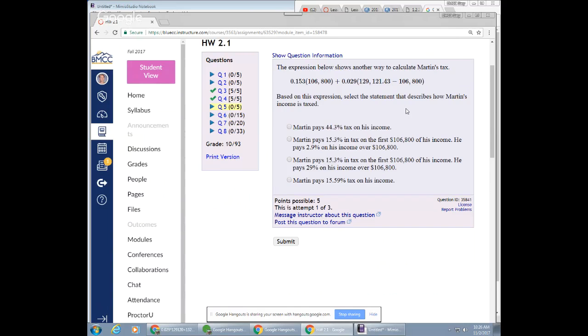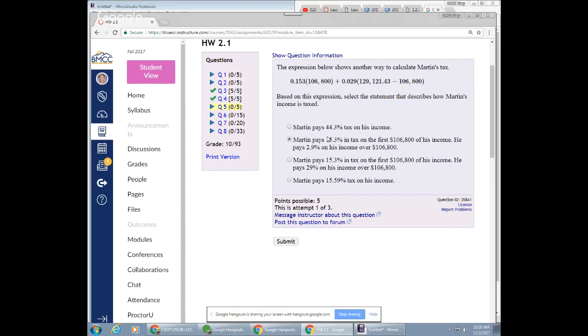So does one of these state that? He's not paying 44%. I don't know where they get that one. That's a crazy one. Martin pays 15% on the first 106,000, and he pays 2.9 on his income over. Yeah, I think it's the second one, for me, yours might be in a different order. Martin pays 15% on his first 106. He pays 29%. What? Is he paying 29% or 2.9%?